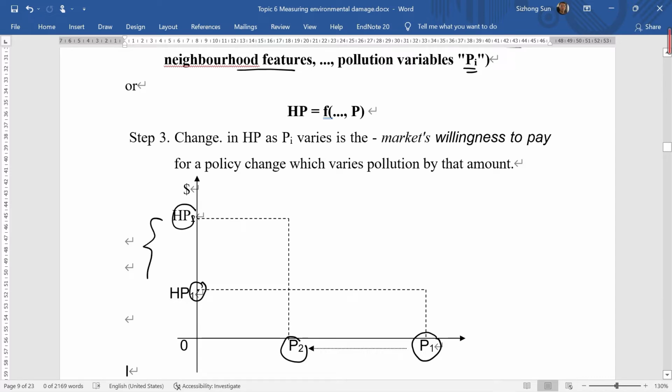Then the difference in house prices is due to this pollution level change. If our project creates this much pollution change, then the dollar value of this item would be the change of house price here.